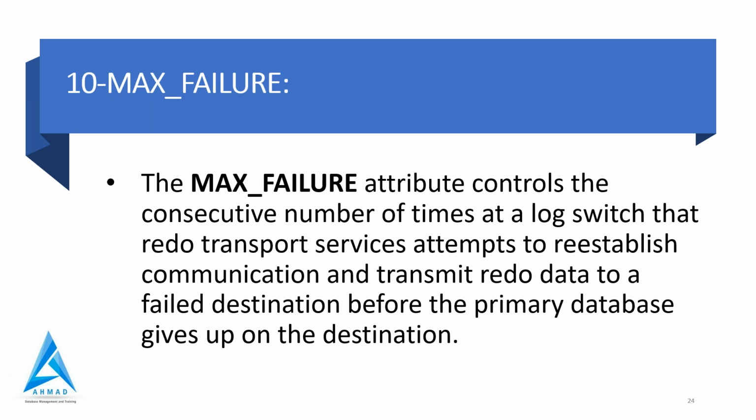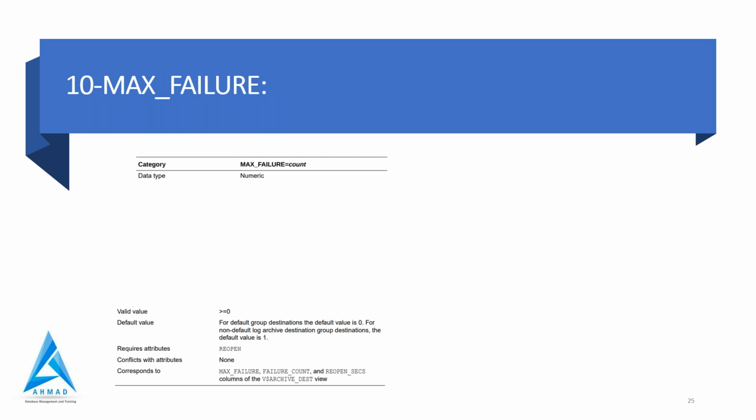So what is that actually? First you need to check that it is a numeric value. Its value is greater than 0, and by default the destination is 0, and required attribute, and you are using max failure in 12c Release 2 (12.2) or above.